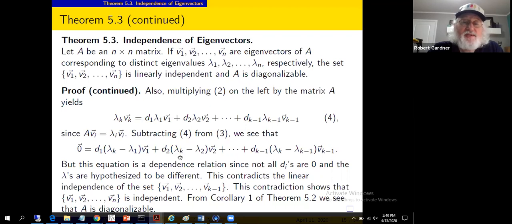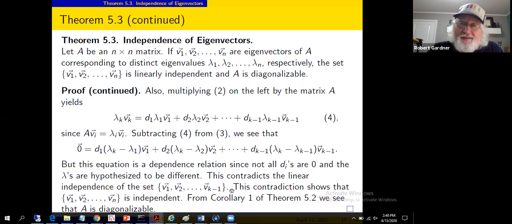So we've got some of the d's being non-zero and all of the lambda sub k minus lambda sub whatever's being non-zero. So for sure, not all of these coefficients of v1 through v sub k minus 1 are 0. In other words, we've got a dependence relation on v1 through v sub k minus 1.